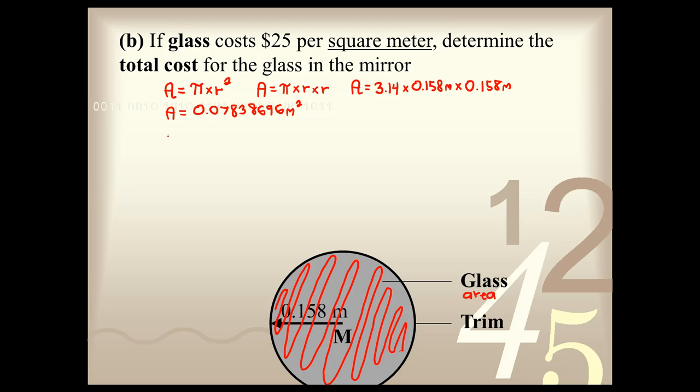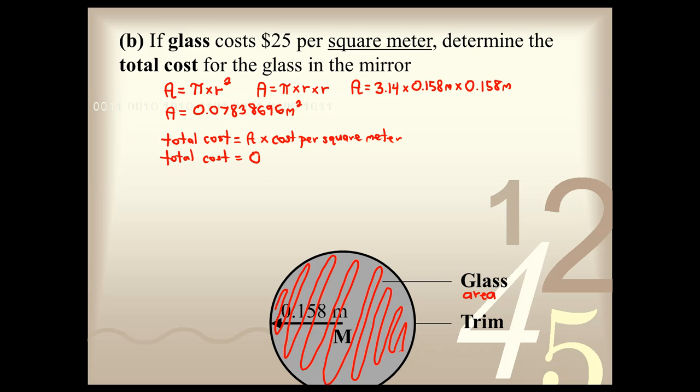To calculate the total cost of the glass, I want to take the area and multiply by the cost per square meter. So let's plug the numbers in and do the substitution. Again, you can see how I'm continuously using my three-step procedure where I write down the equation, plug the numbers in, and get the answer with the correct units.